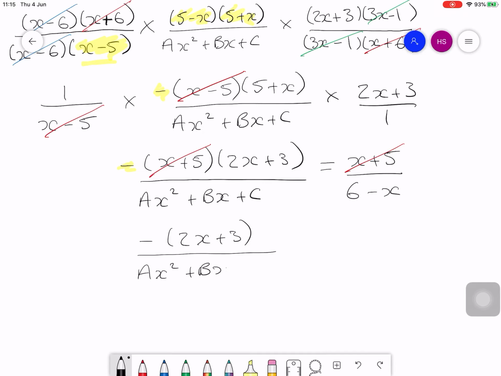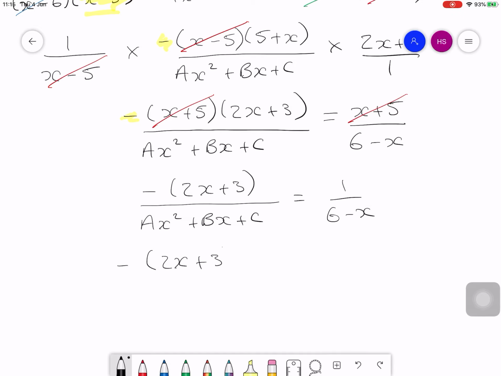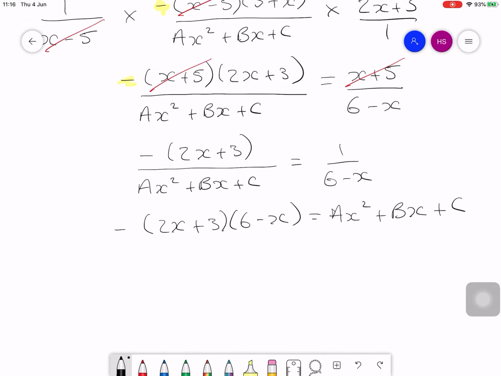And then I'm just going to cross multiply, so multiply up by the 6 minus x and up by that quadratic. So if I now expand that left-hand side out, I've got the full quadratic that I needed. I just want to be careful with those negatives.